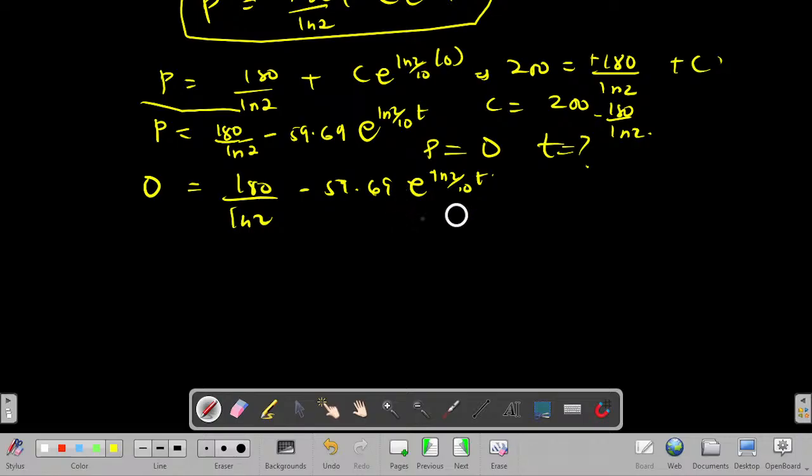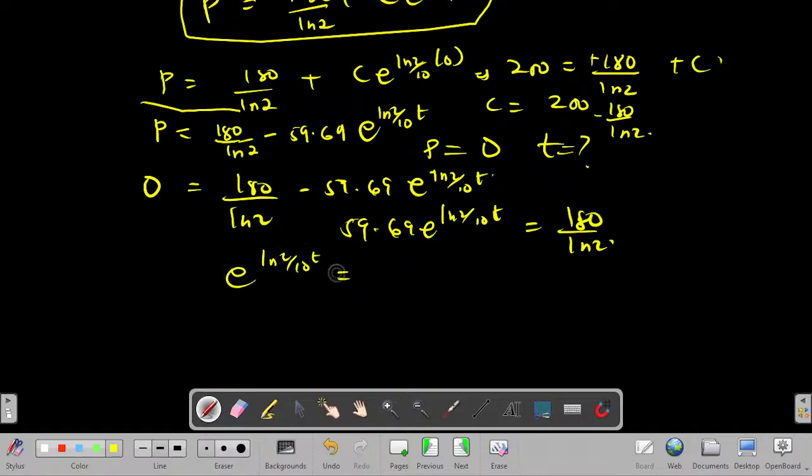Okay, so at this point, what do I do? I carry this there, 59.69 e to the power ln 2 over 10t equal to 180 over ln 2. For me to solve this, I need to divide through by 59.69. So e to the power ln 2 over 10t will be equal to 180 over ln 2 divided by 59.69.